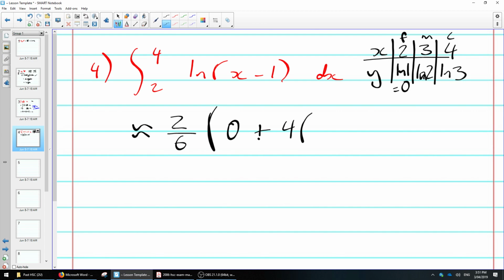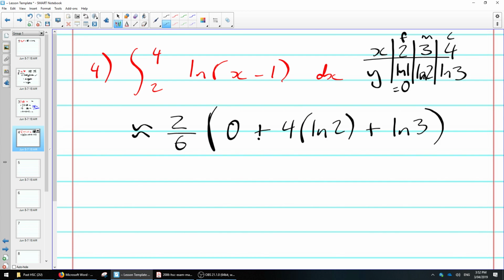So what was our middle value? Lim 2. Alright? Don't sub in 3 or don't sub in 2 plus 4 over 2. It's not saying 4 times 3. It's 4 times lim 2. And then lastly, plus lim 3. First, middle, last. And that middle one is times by 4. Use the y values. Don't use the x values.